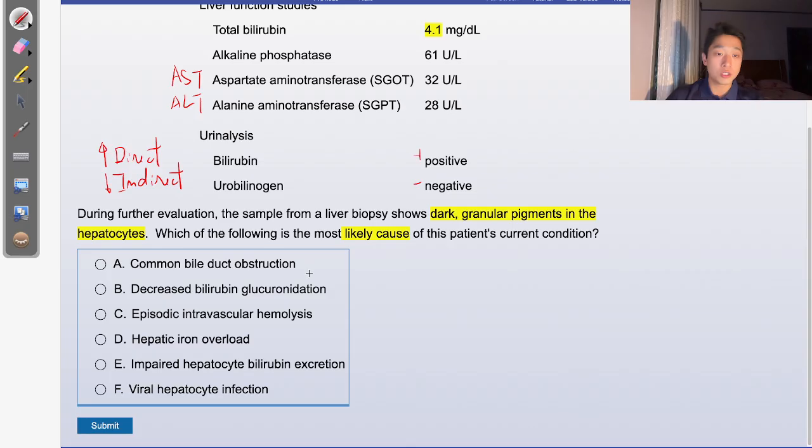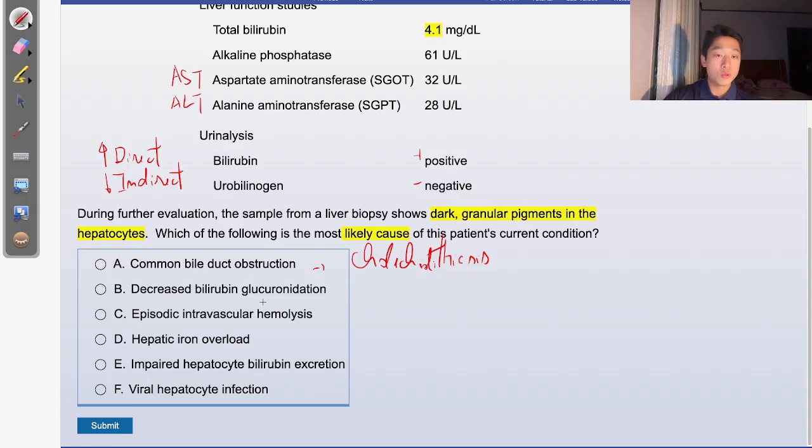Okay, so letter A, common biliary duct obstruction, means cholelithiasis. That's not a condition that our patient presents, because alkaline phosphatase is normal.